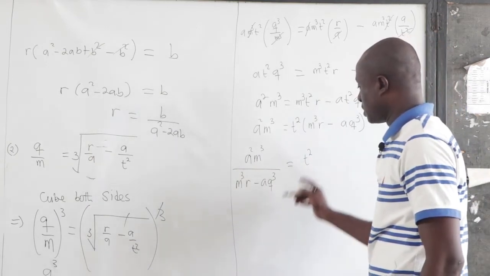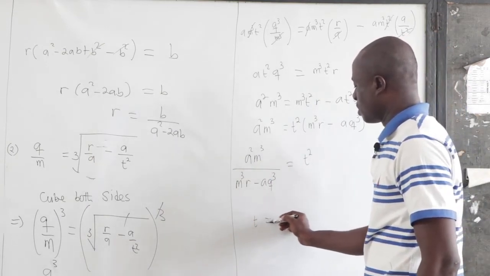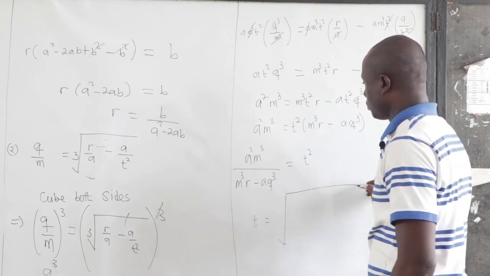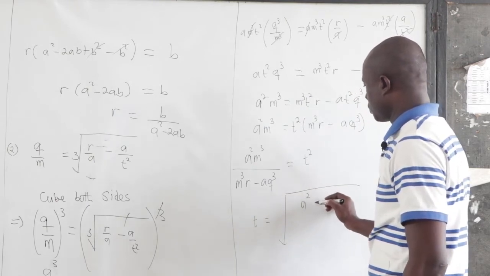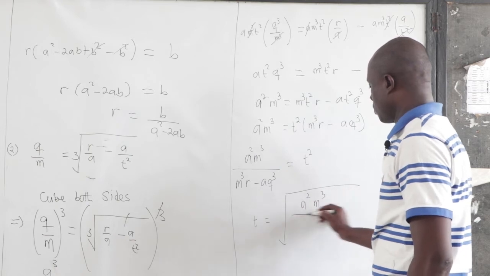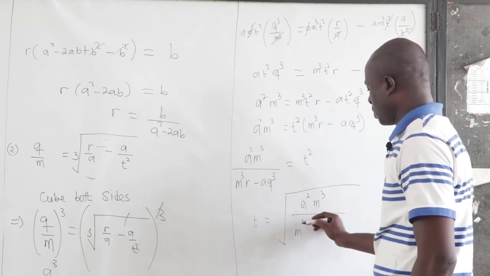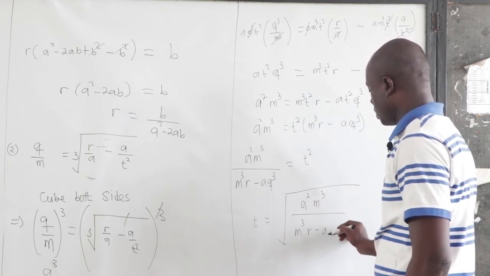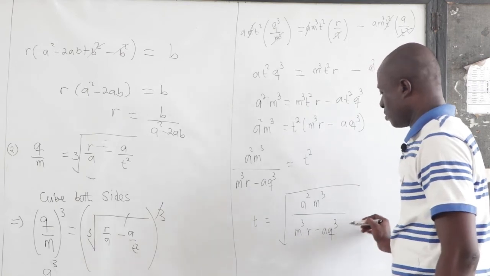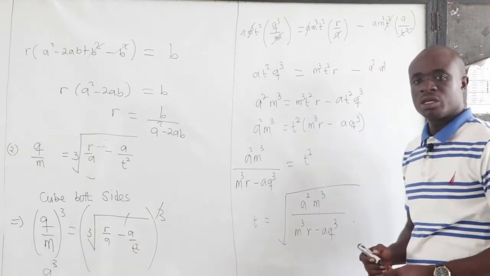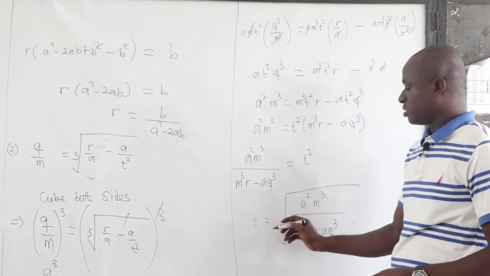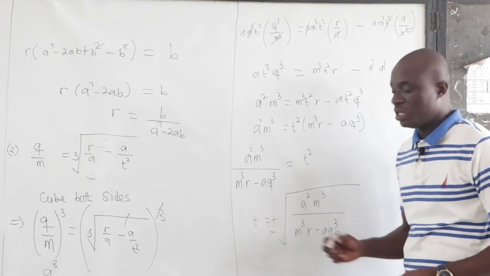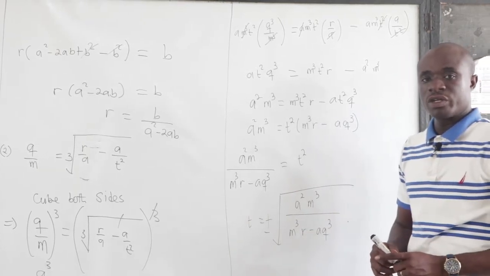So we want to make T the subject, the square will now change to become square root of A squared M cubed all over M cubed R minus A Q cubed. We have been able to make T the subject. So we can either bring plus or minus, or you see that taking positive square root of it.